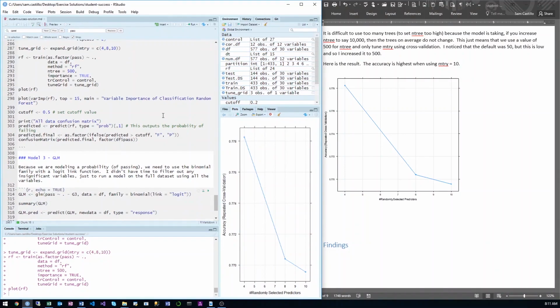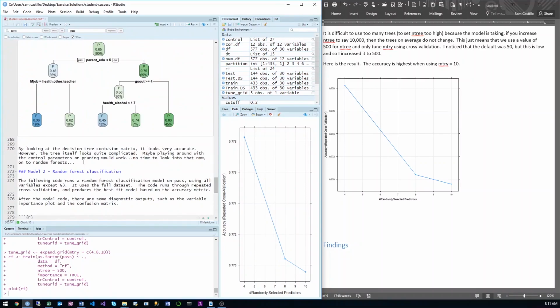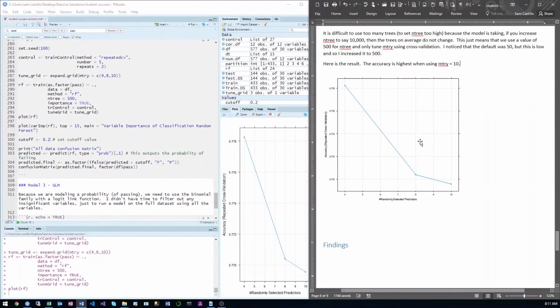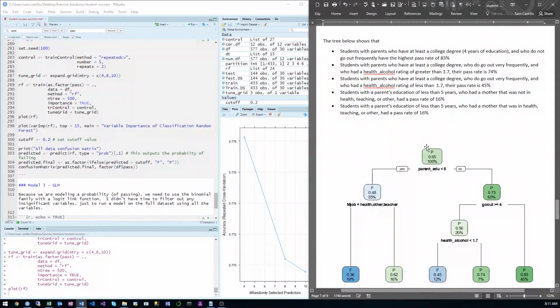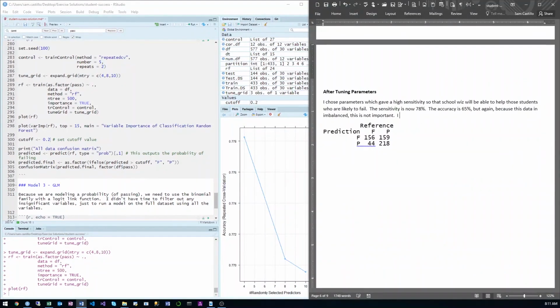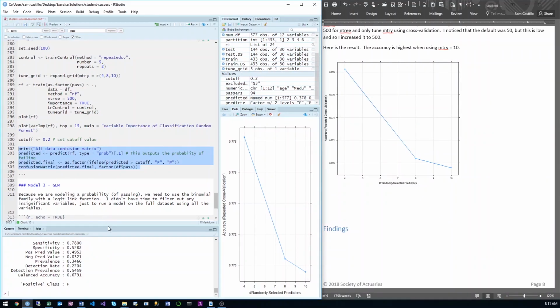This uses the cutoff of 0.5, but we already found that using a lower cutoff is a little bit better. Oh, I should mention that I also decreased the cutoff value from 0.5 to 0.2. Let's go and look at the random forest.